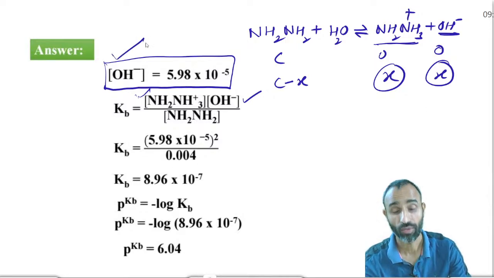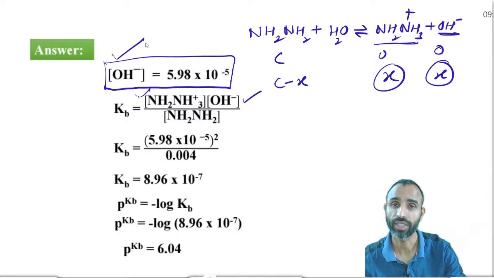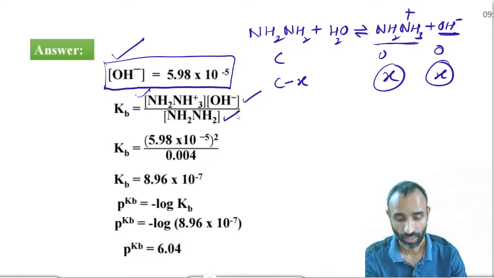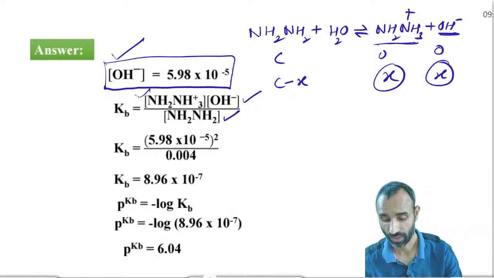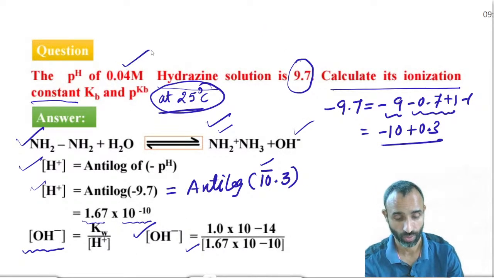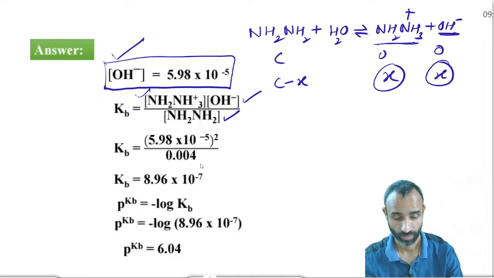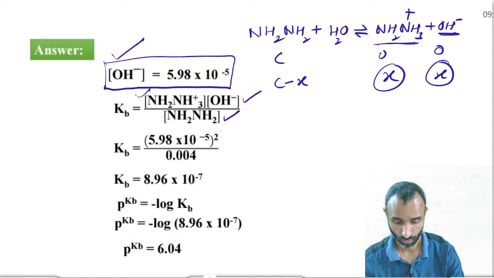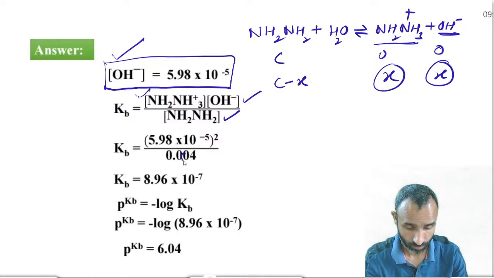So we calculate OH negative ion concentration from pH, and therefore the same is the concentration of hydrazinium ion, and the hydrazine concentration is given initially, that is 0.04.